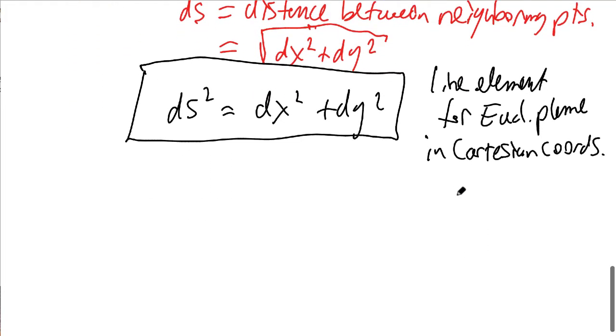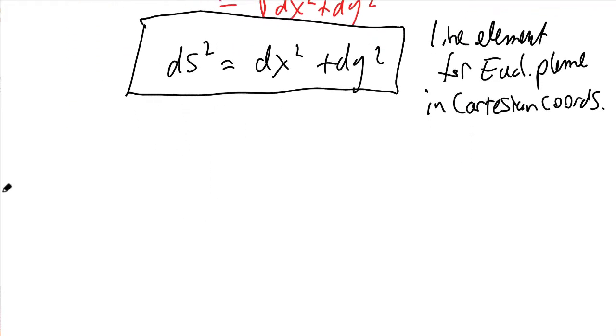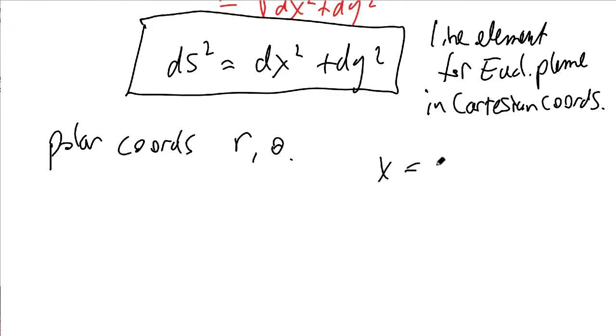For example, what if we decided to use polar coordinates, r and theta? Okay, so polar coordinates are related to the Cartesian coordinates by x equals r cosine theta, y equals r sine theta.